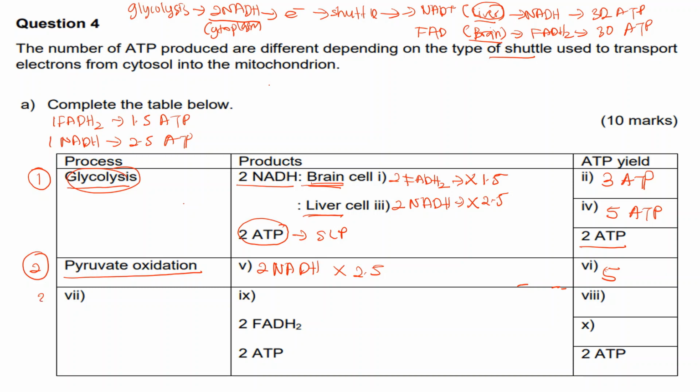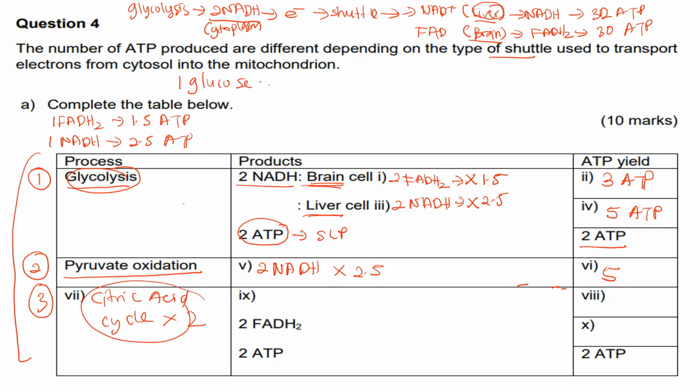The third stage of cellular respiration is the citric acid cycle, which occurs in the matrix of the mitochondria. For the citric acid cycle, you have to multiply by 2, because the whole calculation has to count the production of ATP for one molecule of glucose. So the citric acid cycle has to occur 2 times, and pyruvate oxidation also occurs 2 times.